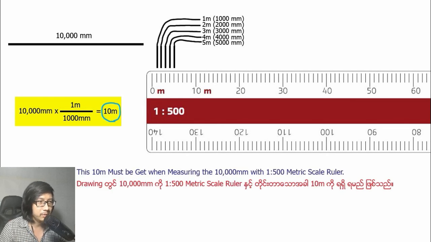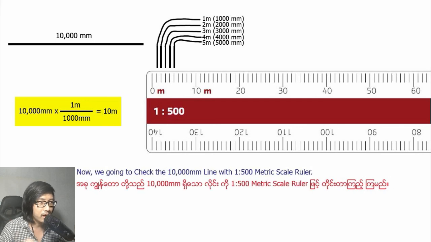This 10 meter must be obtained when measuring the 10,000 millimeter with the 1:500 metric scale ruler. Now we are going to check the 10,000 millimeter line with the 1:500 metric scale ruler.